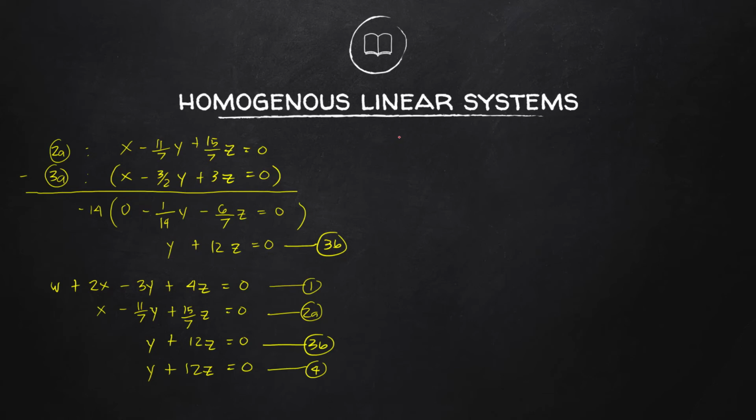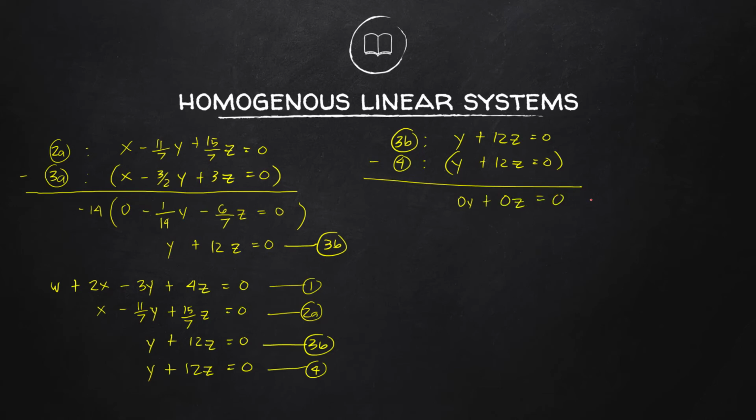I'll demonstrate it. That would be 3b minus equation 4 to get rid of the variable y in equation 4. This would be y plus 12z equal to 0, and we have here y plus 12z equal to 0. If we eliminate this, we will have y minus y is 0y, 12z minus 12z is 0z, and this is equal to 0.